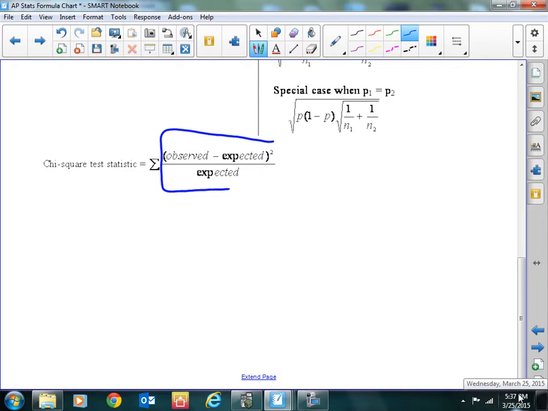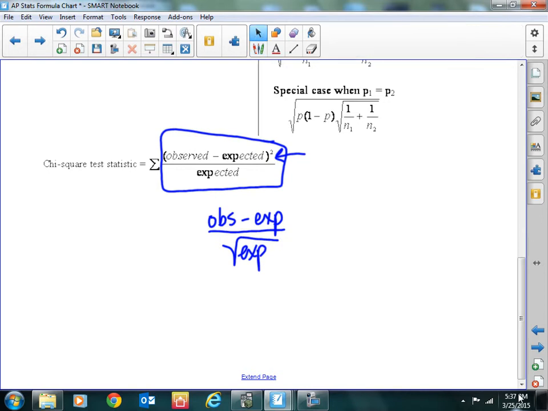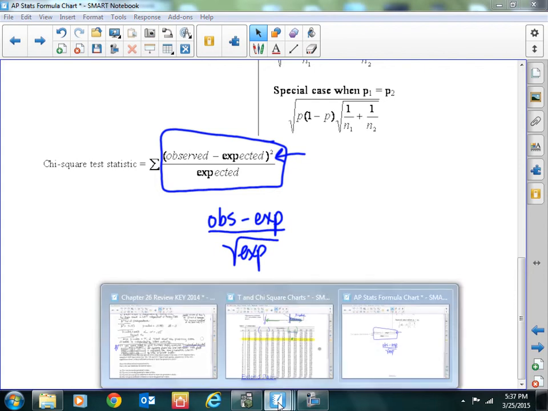Squaring it makes it all positive. If you have that unsquared, where you're just doing observed minus expected over the square root of expected, then you get a sign, a direction, a positive or a negative, to tell if it's above or below.